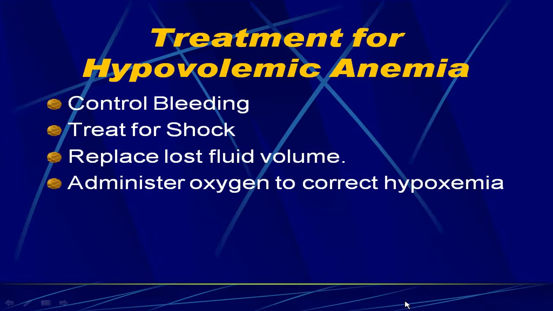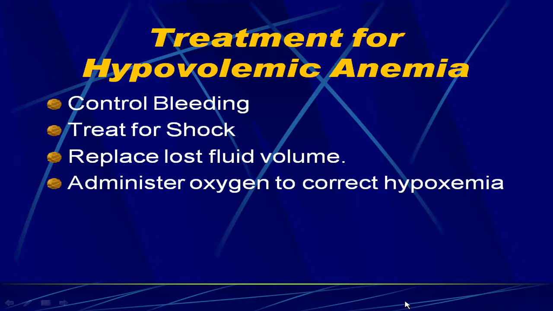But with shock, shock develops because the person does not have blood circulating adequately throughout the body. And so what we have to do with shock, we have to replace lost fluid volume. And so before we can get blood, we're going to get this person some fluids. We've got to get the person's fluid volume back up to an adequate level.